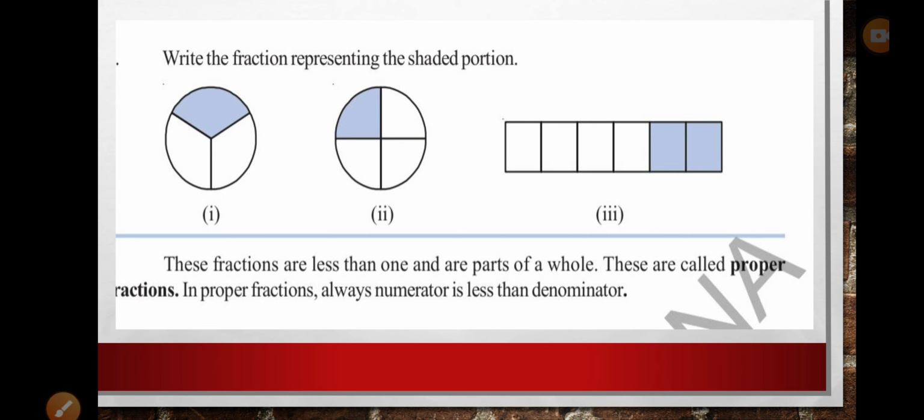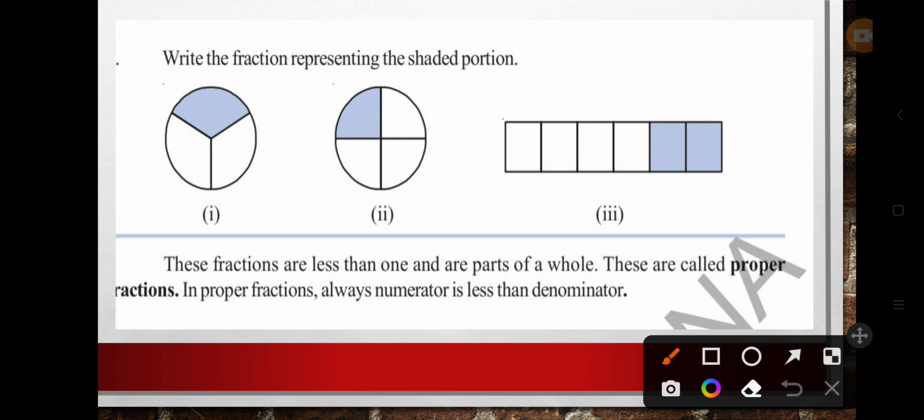Next, write the fraction representing the shape. Suppose this is a circle, or we can take it as a cake. Suppose in this, 1 part is shaded, so we represent this as 1/3. How many parts are there? We write that in the denominator. Suppose here there are 4 parts, so we write 4 as the denominator. How many are shaded? 1 is shaded, so 1/4.